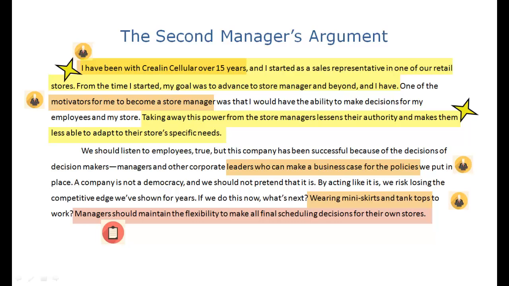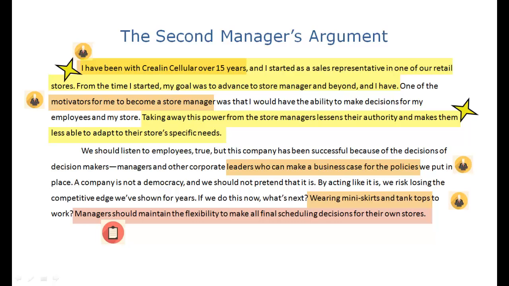So let me see how specific the second manager is. He tells me he's been with the company over 15 years, started as a sales rep, and what his goal was. That is very specific. Telling us his motivation is also specific. The next sentence reads, taking away this power from the store managers lessens their authority and makes them less able to adapt to their store's specific needs.